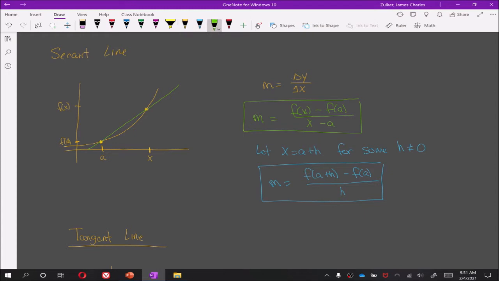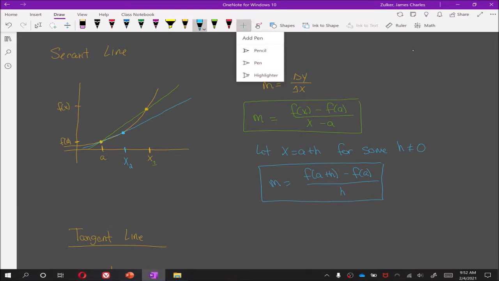I'll write the 1 in green. Now let's say this point is the point x2. Well, then we have a secant line that passes between those 2 points. Right, we can keep doing that.